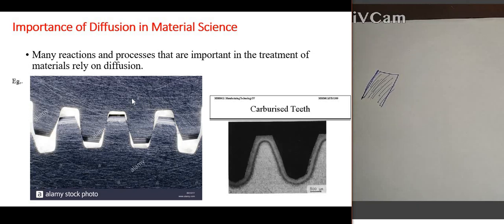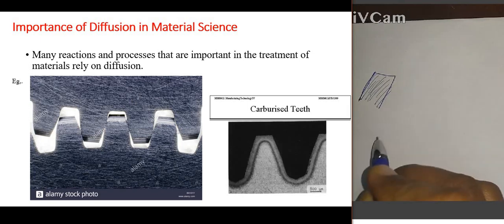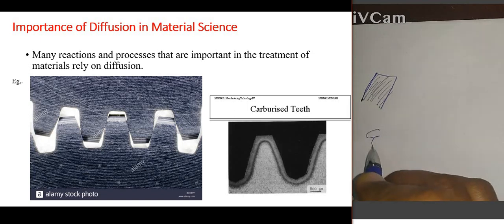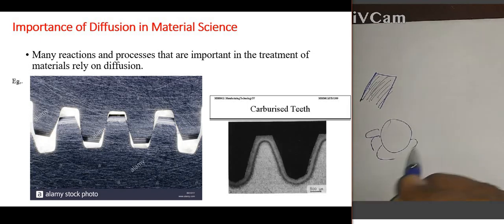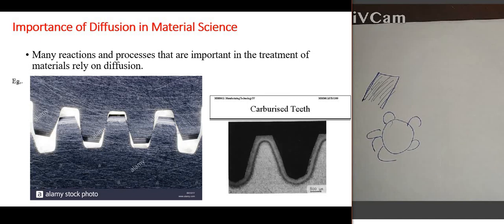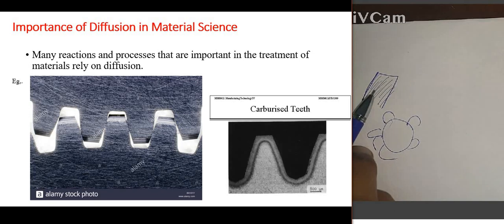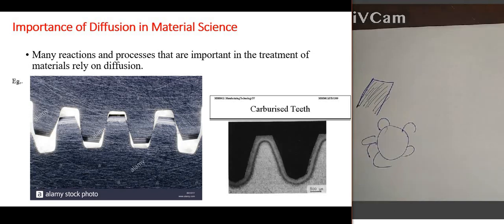But what is the disadvantage of using hard material? If we use a hard material during the manufacturing of this gear, we need to provide very high-end tooling, because the machinability of hard material is very low.